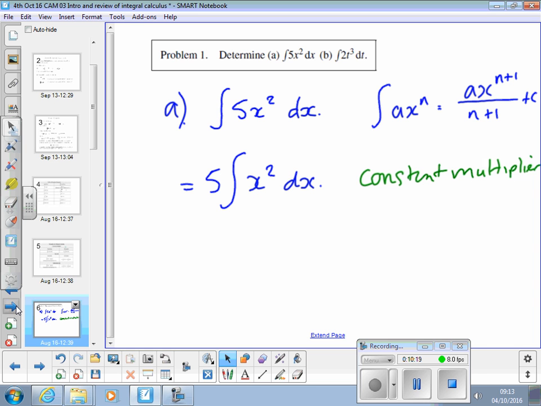So it's equal to 5 times x to the 3, because that's 2 plus 1, over n plus 1 which is 3.